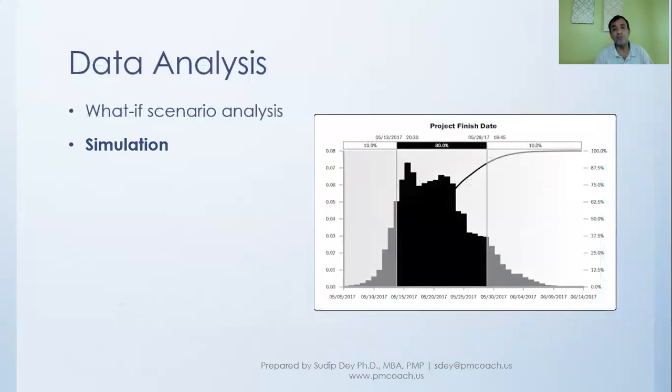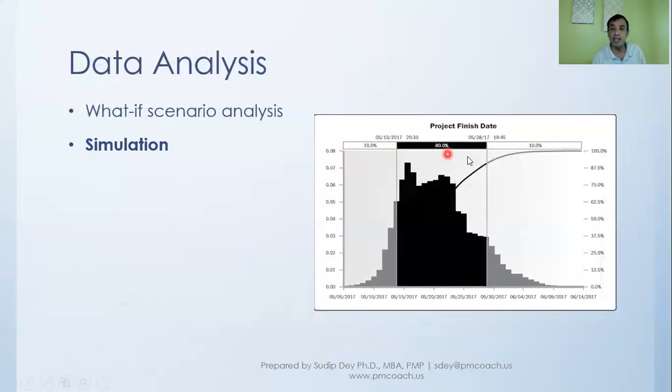For example, here if you look at it closely, let me take this. What you see here is we are saying that for this particular project, there is a 10% probability it will get over on May 30th through this probability distribution.